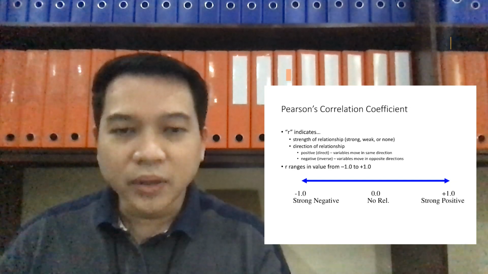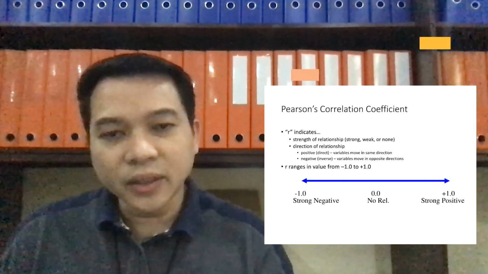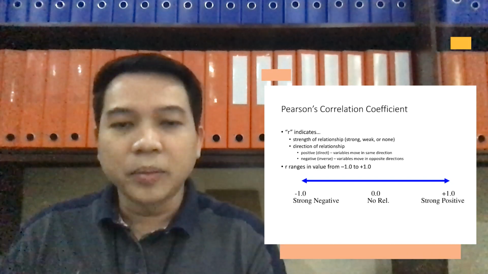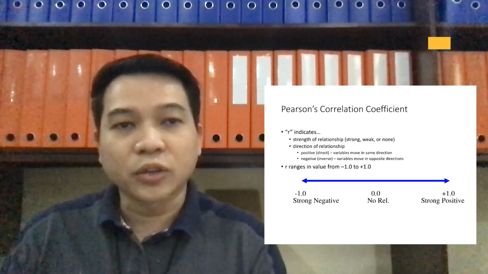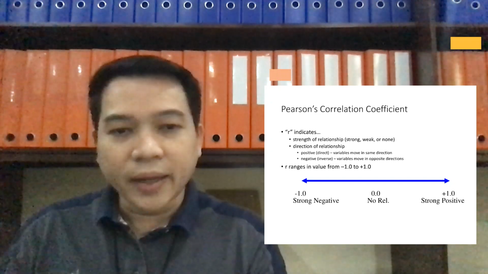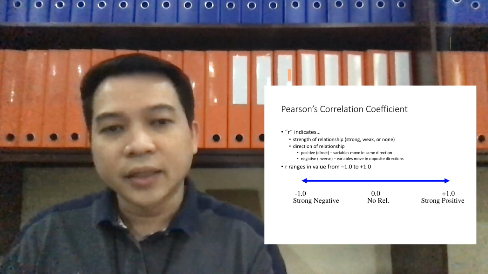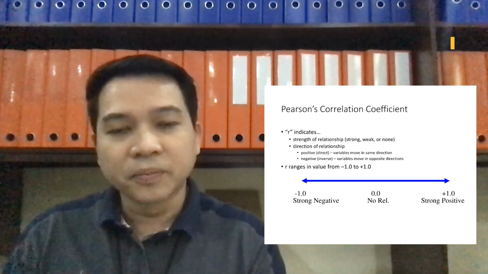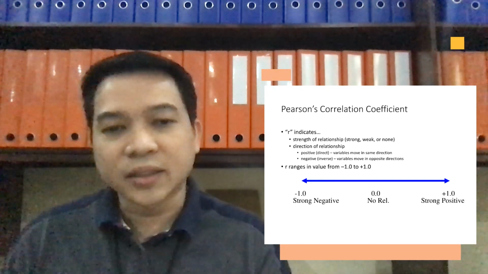So what do you mean by correlation here? In correlation, the most common parametric standard here will be the Pearson's product moment correlation coefficient. And in this case, what you're looking at is whether the relationship is positive or negative, and whether this positive or negative relationship also has strength.